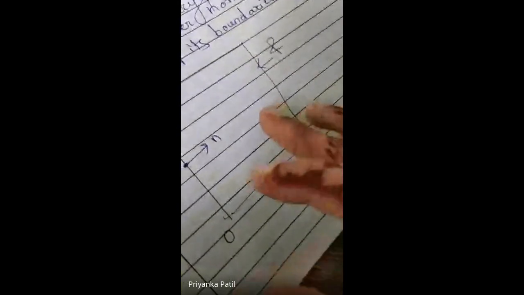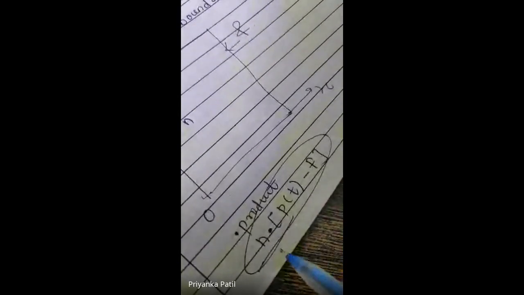We can distinguish in which region a point lies by looking at the value of the dot product, N dot (P(t) - F). This is the formula to distinguish the region a point lies in, and with the help of this we find that particular point.